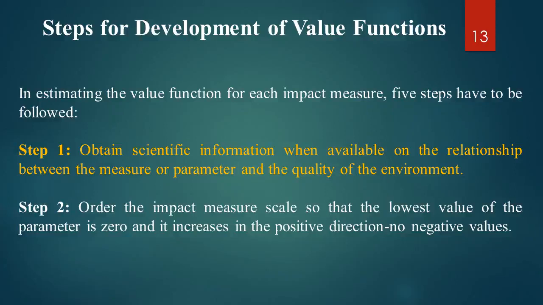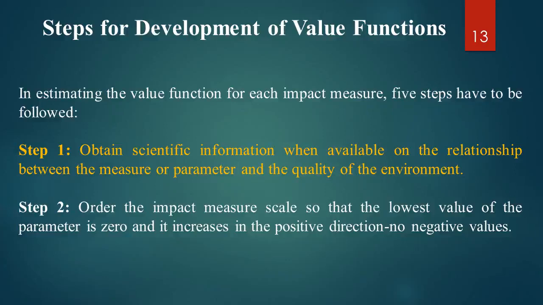There are some steps for development of value functions. In estimating the value function for each impact measure, five steps have to be followed. First step, obtain the scientific information, when available, on the relationship between the measures and the parameters and the quality of the environment.